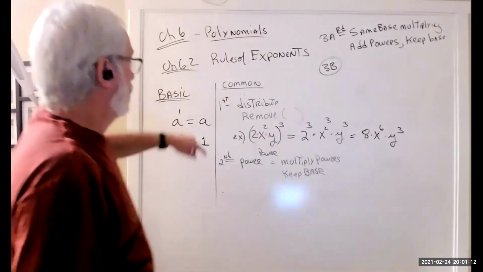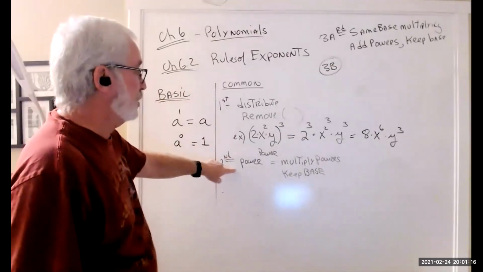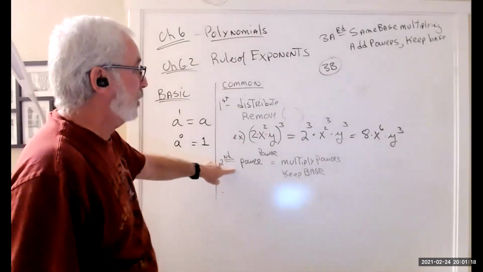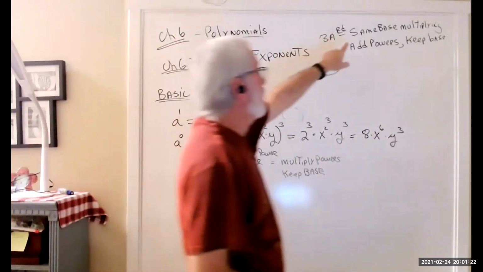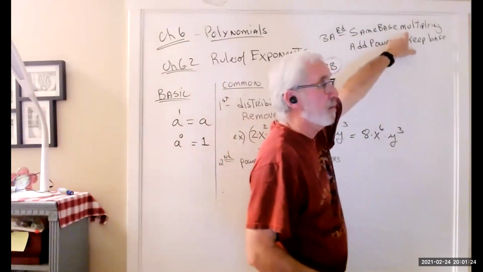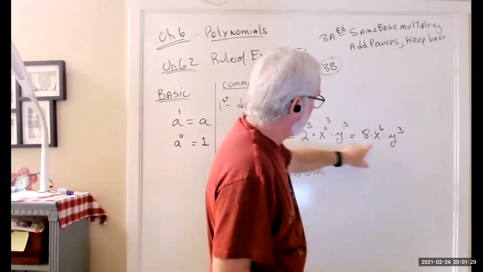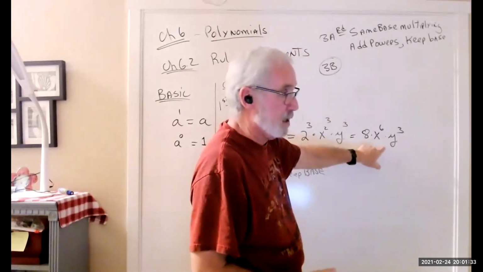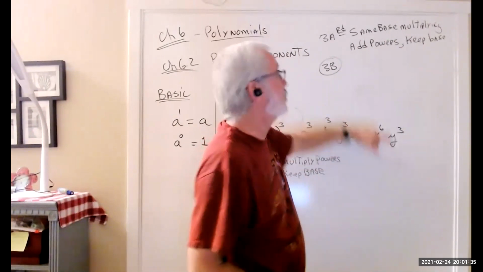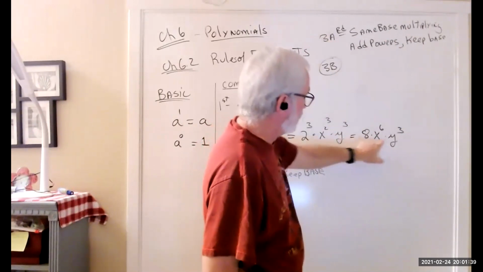So first, get rid of parentheses. Second, look for power raised to a power. Third, look for the same bases that are multiplying. If we look at this problem right here, the bases are x and y. They're not the same, so rule 3 doesn't apply. It's got to be if they were the same base.